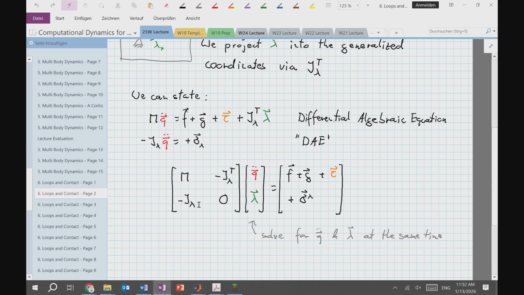In one case, this Jacobian is getting singular if we add too many constraints. In the other case, this mass matrix is getting singular. It will have a 0 entry somewhere. You can still solve this with a pseudo-inverse. You would just get the minimal norm q double dots, which means that likely the acceleration about this axis is being set to 0, even though in terms of the equation, it can take on any value.